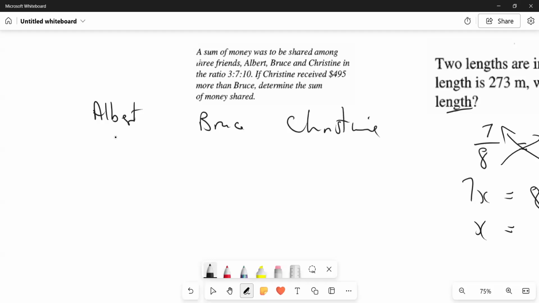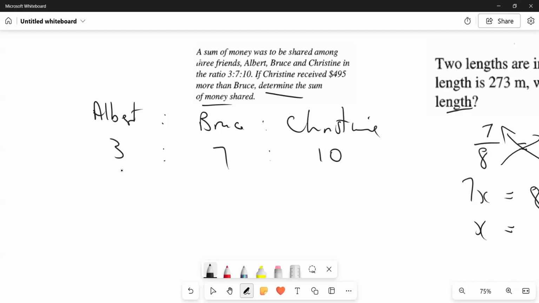So it's 3 to 7 to 10, right? Albert to Bruce to Christine is 3 to 7 to 10. So the question says you have to determine the sum of money shared. So you've got to get a total amount shared. Before you can get there, they gave us a clue here. Christine received $495 more than Bruce.